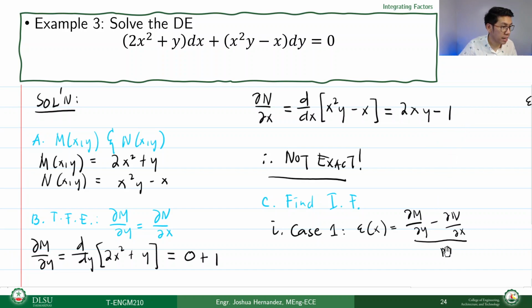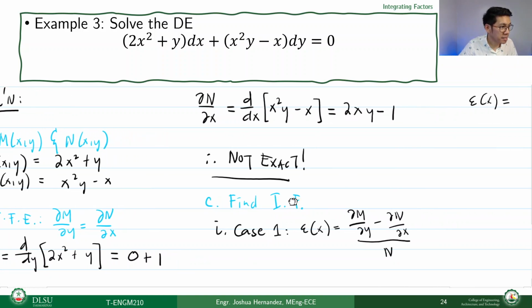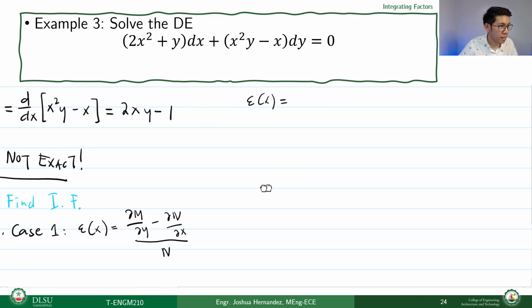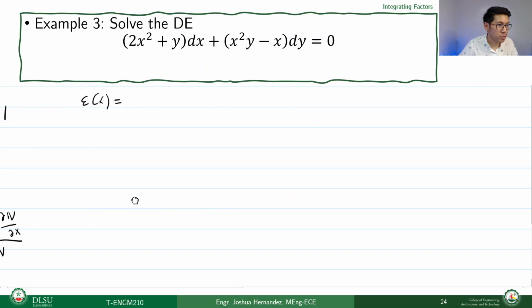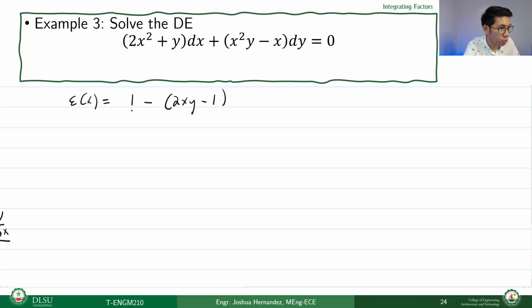And of course, our n here is from our n component, x squared y minus x. So when we put the components together in our solving, we will have 1 minus (2xy minus 1) all over our n, which is x squared y minus x.